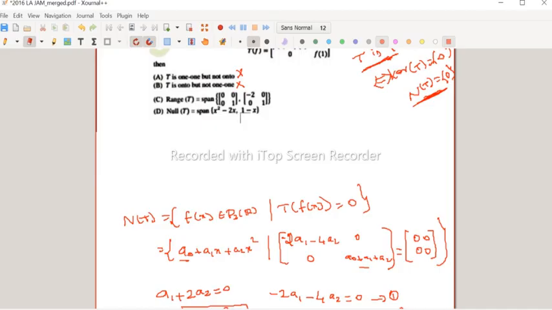Okay, can we write the null space as spanned by these two polynomials? We have to check, because that is alpha times x square minus 2x plus beta times 1 minus x. Take any element in the null space. Can we write it as a linear combination of these two? Already we know that one of the polynomials is this, right?